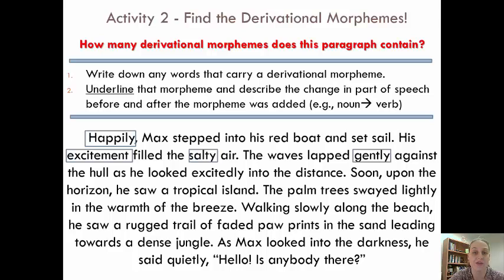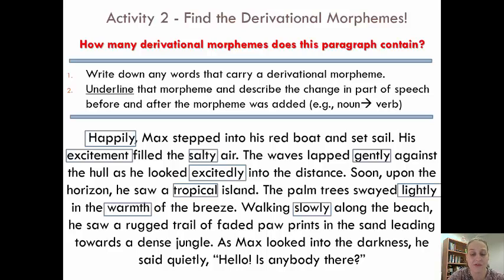Gently going from adjective to adverb. Excitedly, adjective to adverb. Tropical, tropic being a noun, with the -al derivational suffix making it an adjective. Lightly, light being the adjective, -ly making it an adverb. Warmth, warm being the adjective, -th making it a noun.